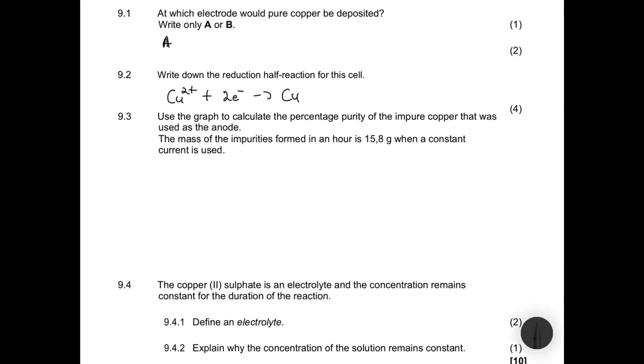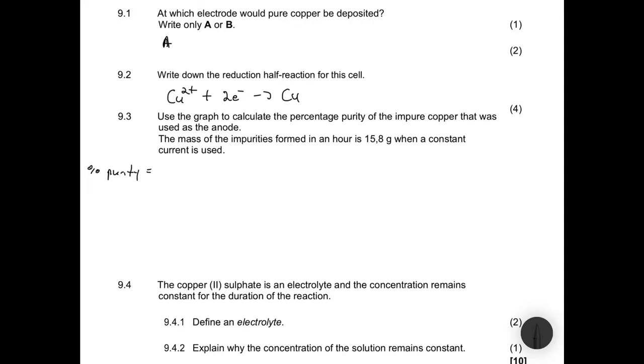9.3 says, use the graph to calculate the percentage purity of the impure copper that was used as the cathode. The mass of the impurities formed in an hour is 15.8 grams when a constant current is used. Right, now let's go back to the basics. We have percentage purity, right?